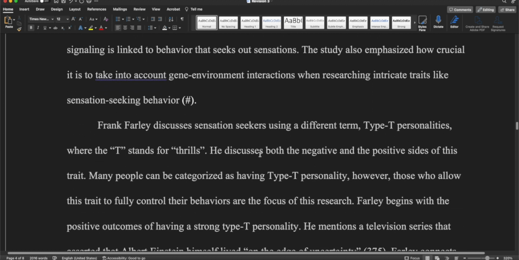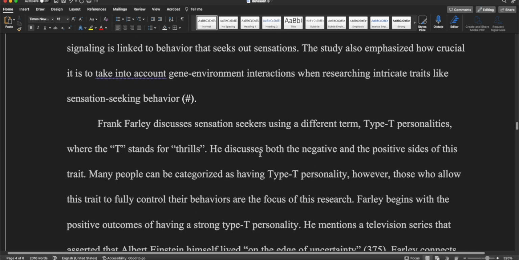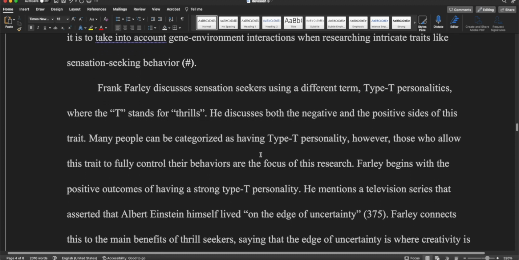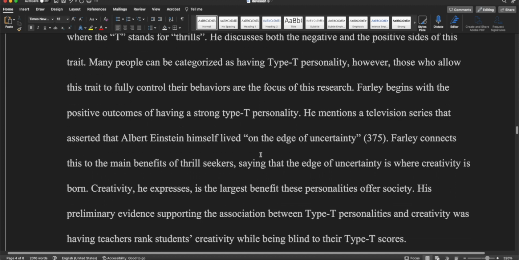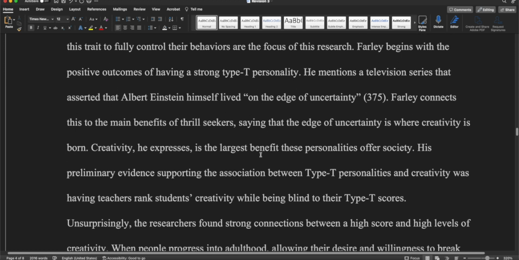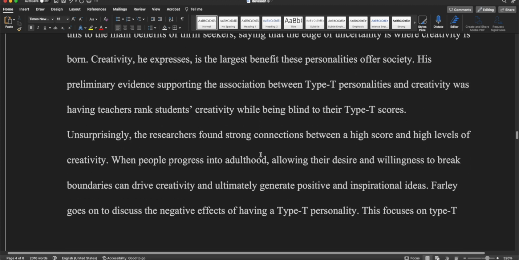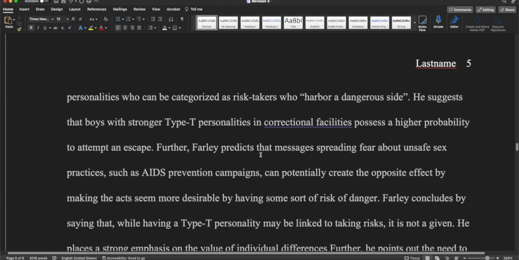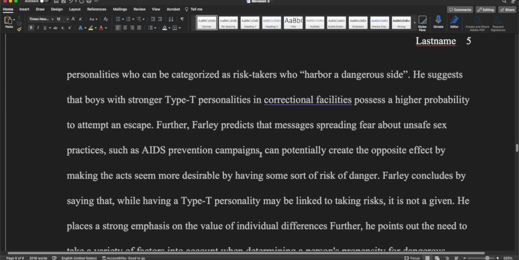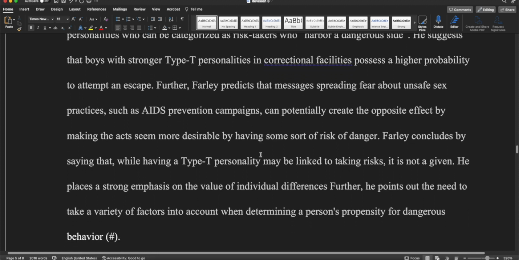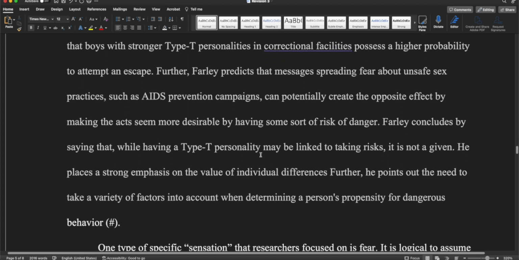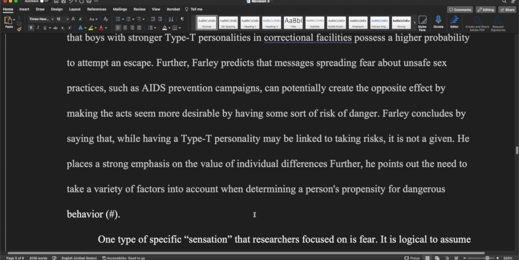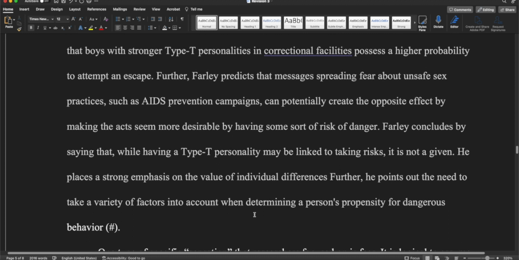This is biological. Okay, so this paragraph right here that we're looking at is all about a certain personality type.